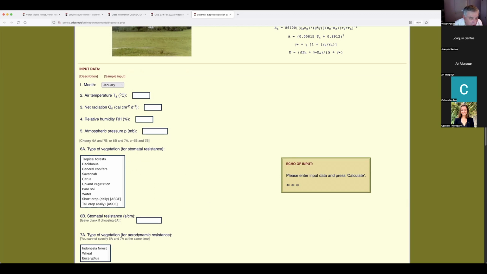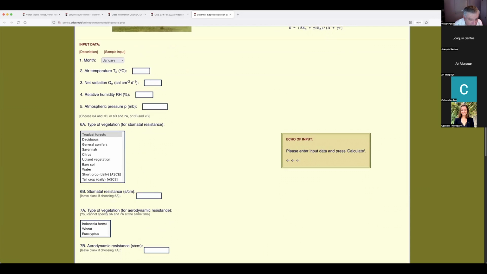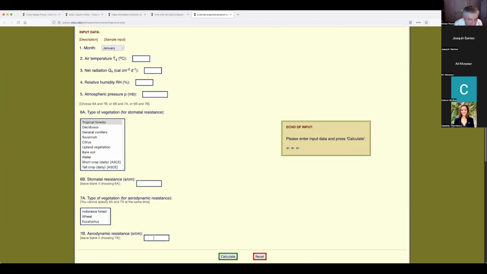So we say in here, choose 6A and 7B, or 6B and 7A, or 6B and 7B. So three possibilities. Let's just choose tropical rainforest, 6A, and then 7B. No, I'm actually not going to run this model. I'm just going to show it to you. And 7B is aerodynamic resistance. Leave blank is choosing 7A. So we can leave it blank and it'll run.